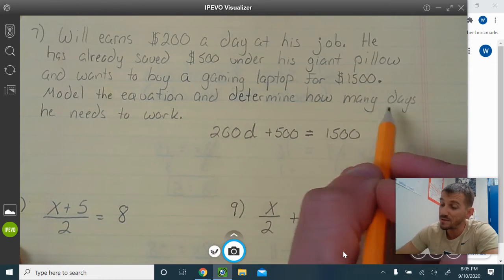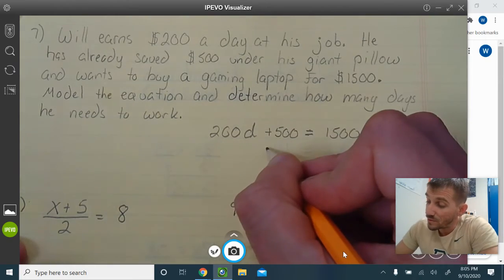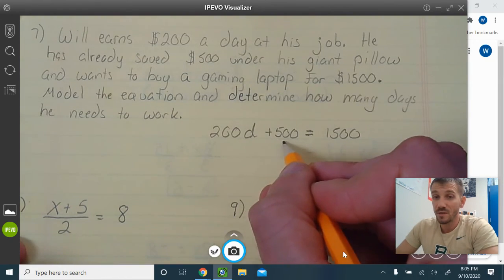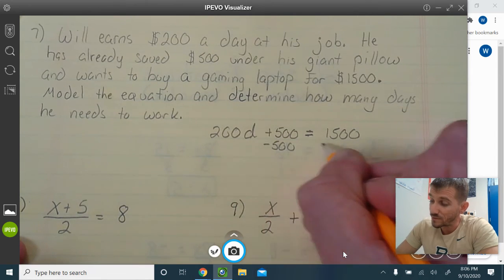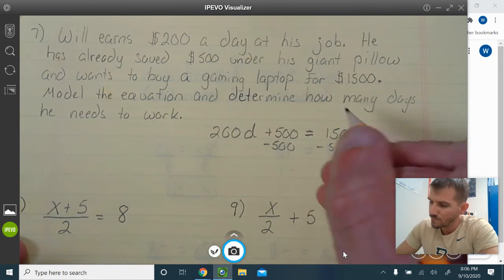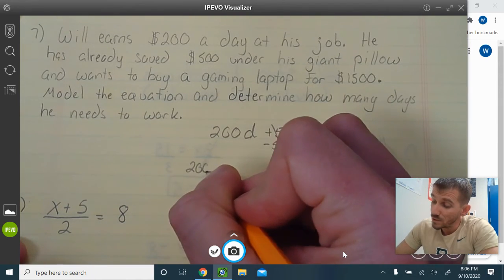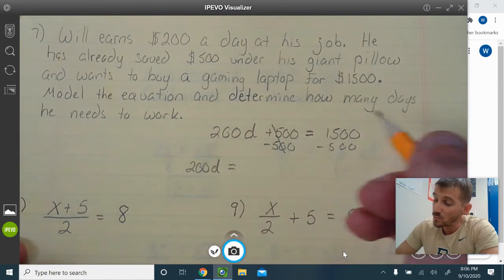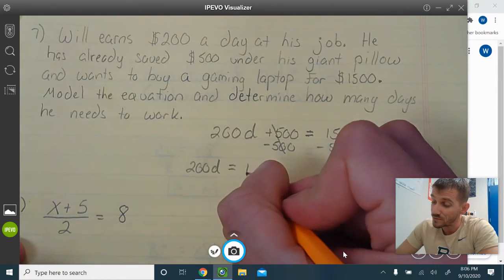They want to know how many days does he need to work for us to be able to buy this. So again, first step, we can get rid of the plus 500 first by subtracting 500. We're left with 200D is equal to 1,500 minus 500 is 1,000.